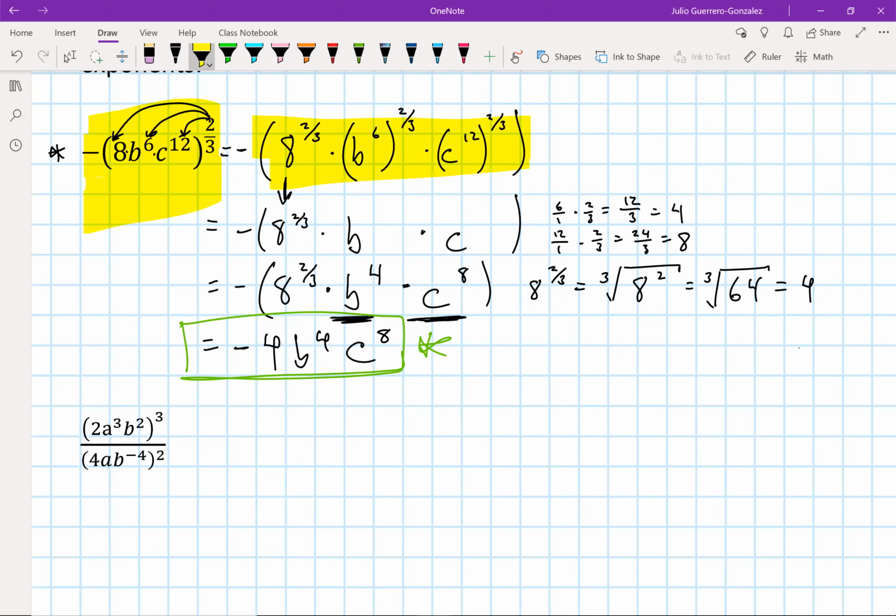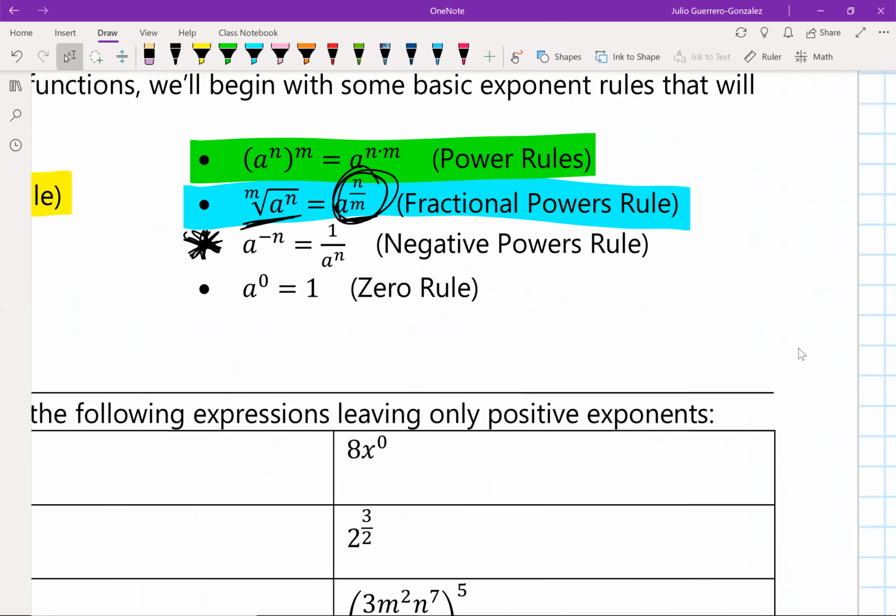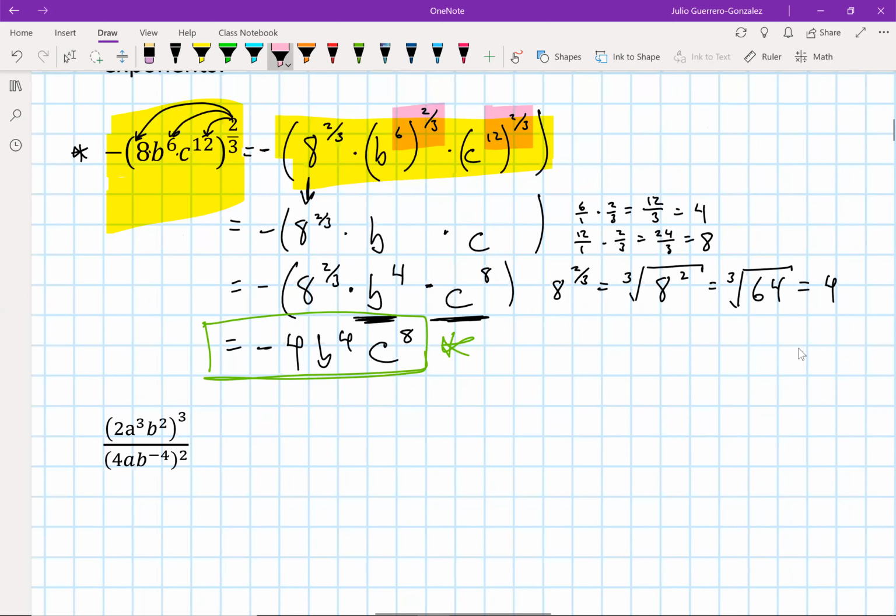From here, notice how I wrote them in a particular manner so that we can use the powers rule, which is right there in green. Sort of an exponent to an exponent, we can multiply the exponents and keep the base. So that's where this math came from, where we have 6 over 1 times 2 over 3.